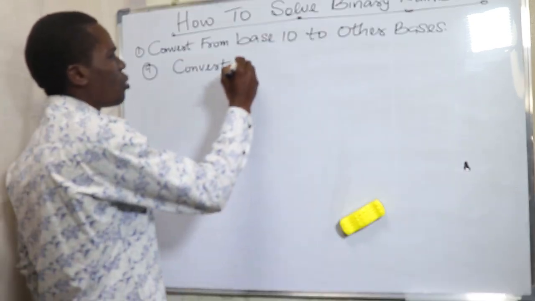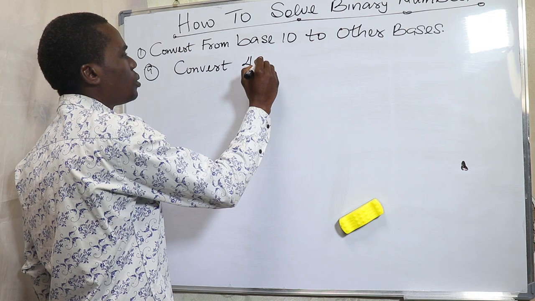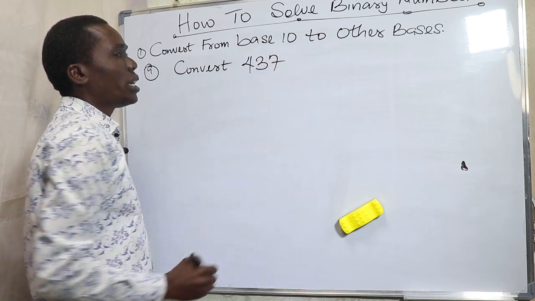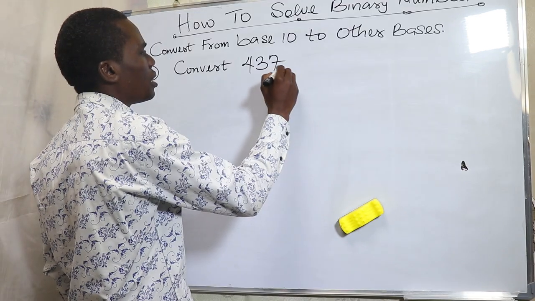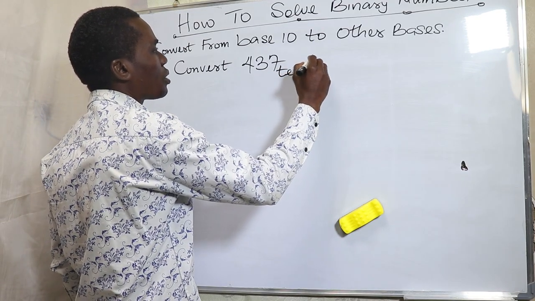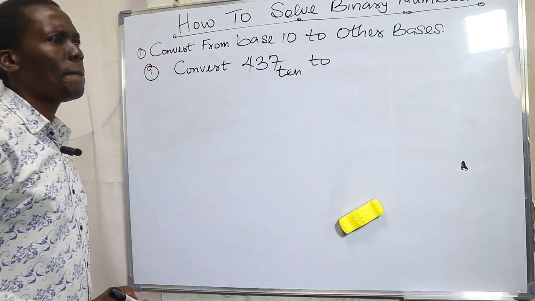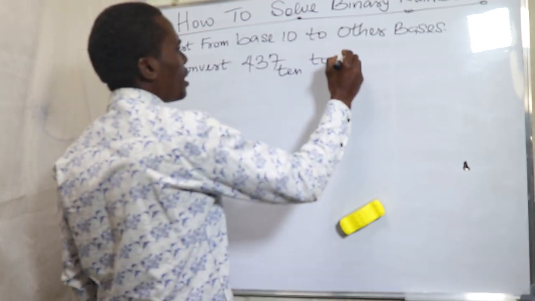If we are asked to convert 437 in base 10, let's convert it to base 5.